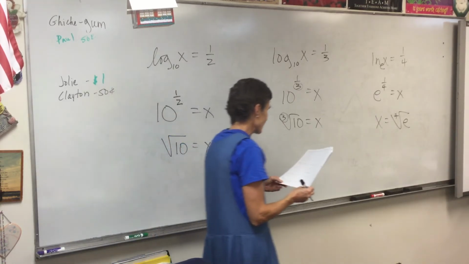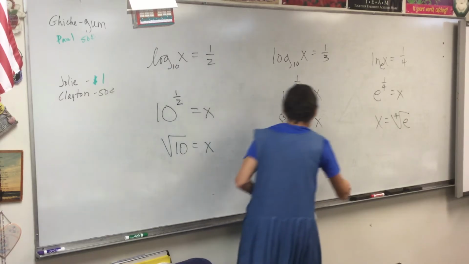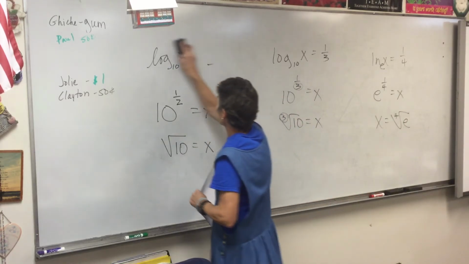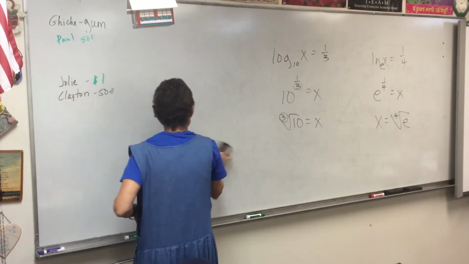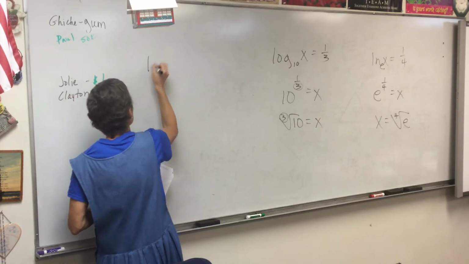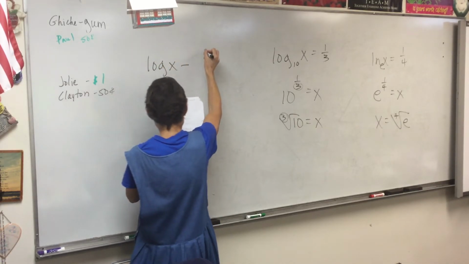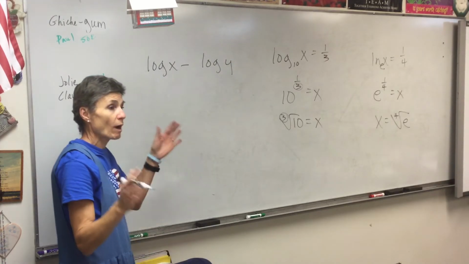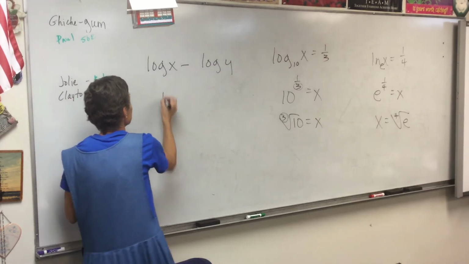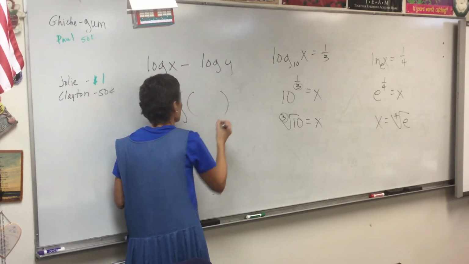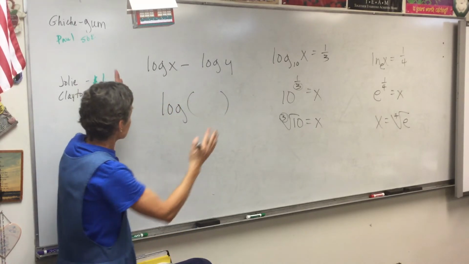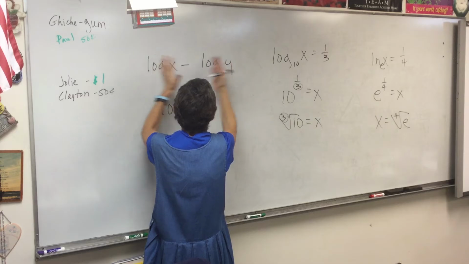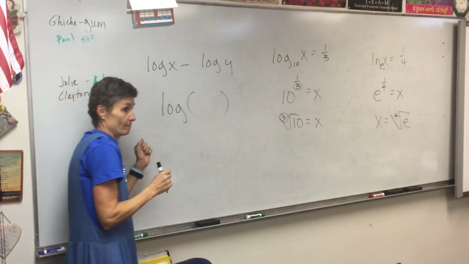It says write as a single logarithm. Don't make this hard. It's not, but there are a couple rules you need to remember. When we have a subtraction problem, and it says write as a single logarithm, that means one log. So somehow I have to take these two and squish them together.